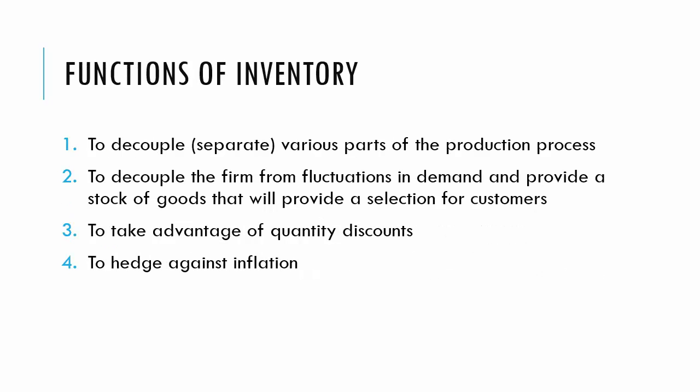So there are different functions that inventory can help us serve. One is to decouple, which means separate, various parts of the production process. If I have a production process where the product first has to be cut, then sanded, then painted, then put together, then at each workstation I can have work in process built up in front of each one of those workstations.